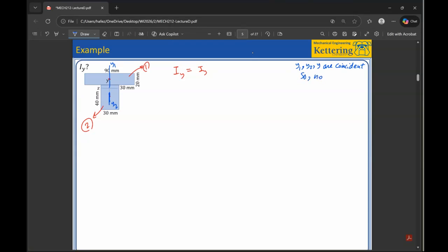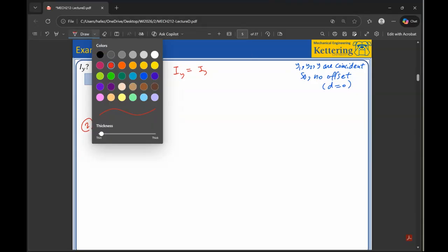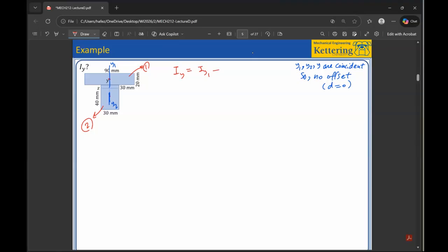So no offset. That means d equals 0. It just makes it easy for me now. Really, then this is I_y for piece 1 and I_y for piece 2. No offset at all.